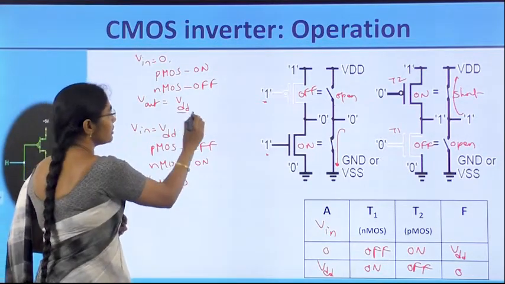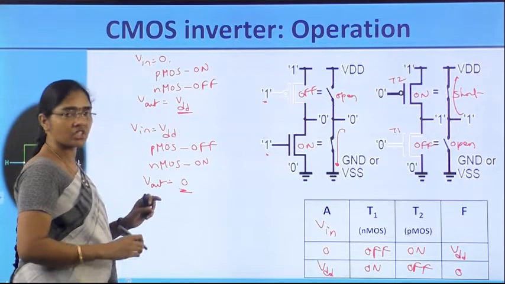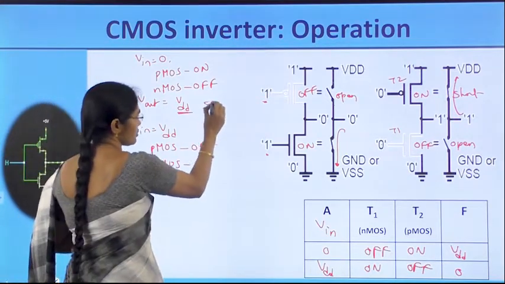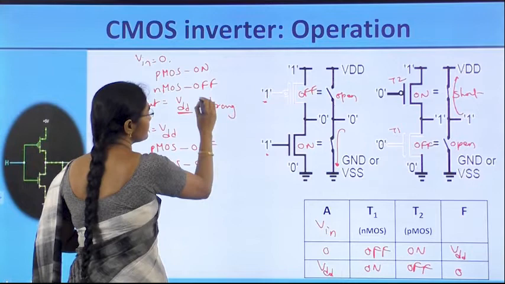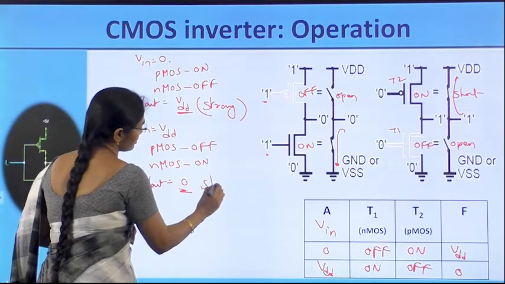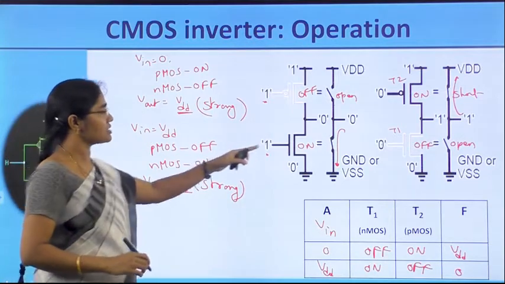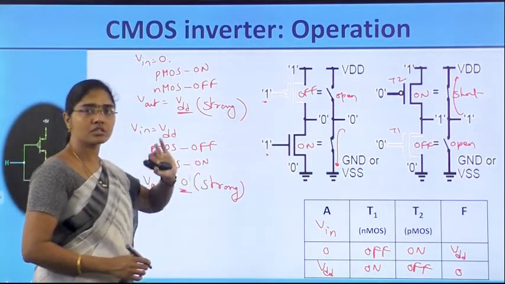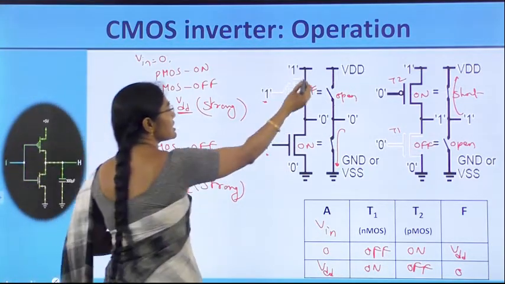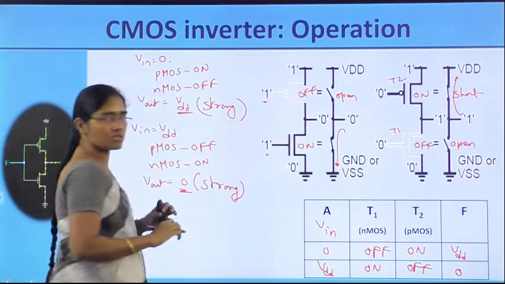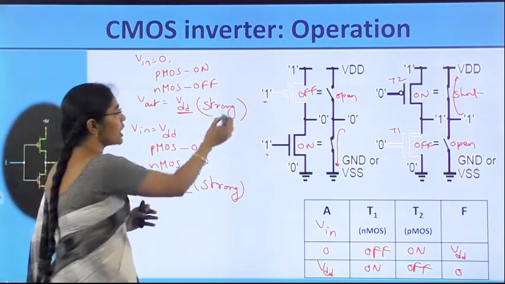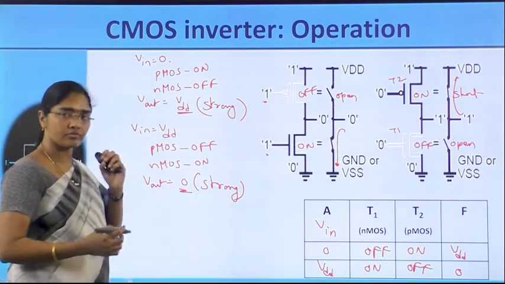Here, the outputs of VDD and 0 are strong values. Strong VDD and strong 0. Since NMOS is used in the pull down, NMOS passes a strong 0. And since PMOS is used in the pull up, PMOS passes a strong 1. So both output logic levels are full swing.